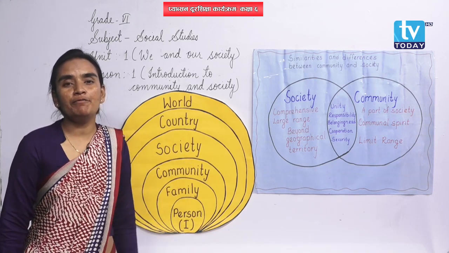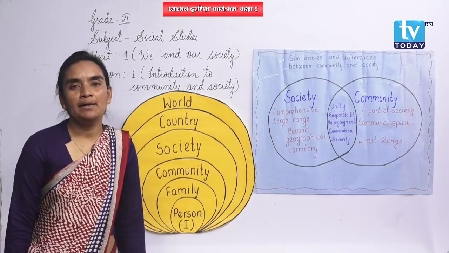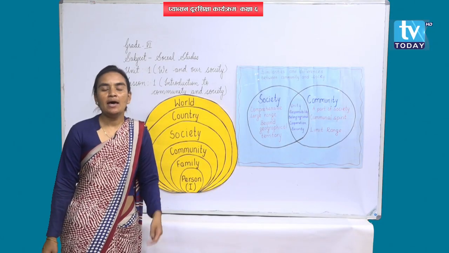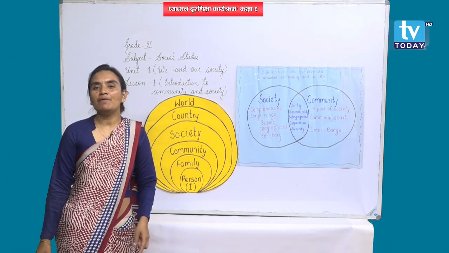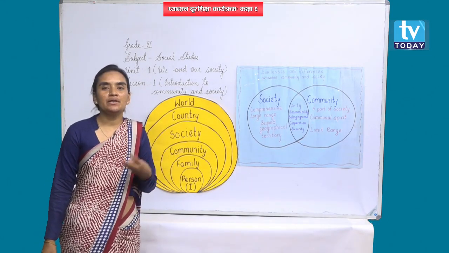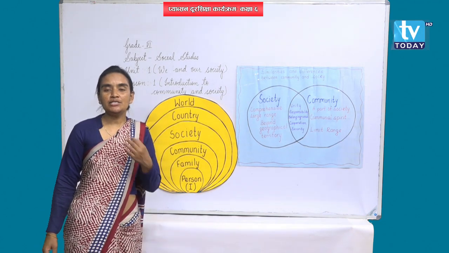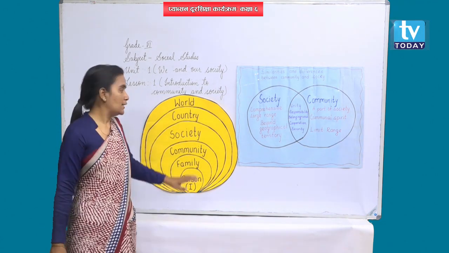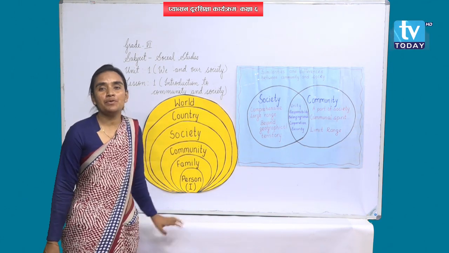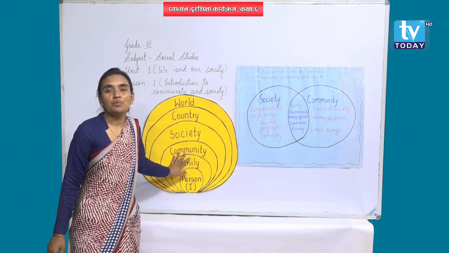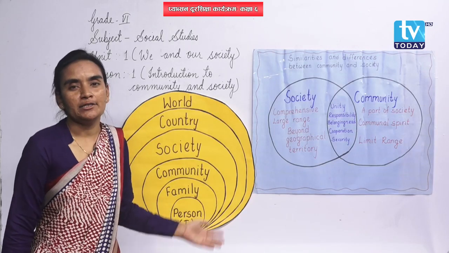Society consists of different types of people, having different races, different religions, different classes, different professions, etc. But you have to understand that the importance we get from the community can also be similar to that of society.